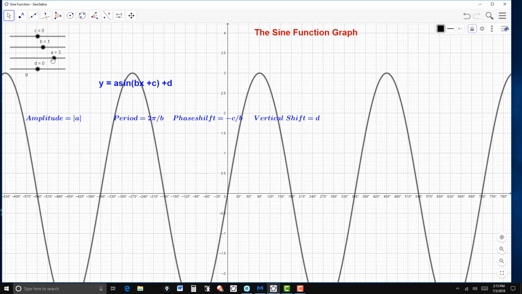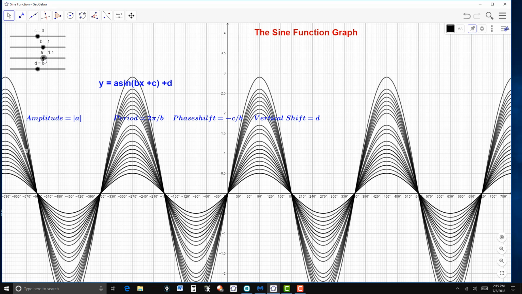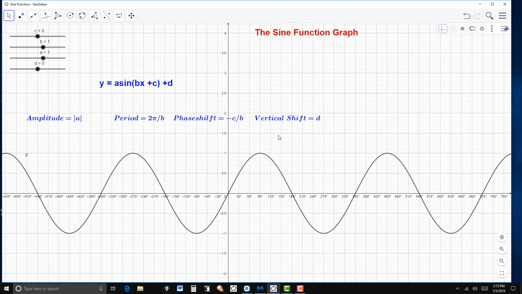Now let me put this back to 1. Click on this. Now we're back the way we were. Right now, the way this is written, a is set to 1, b is set to 1, c is set to 0, and of course, d is set to 0.